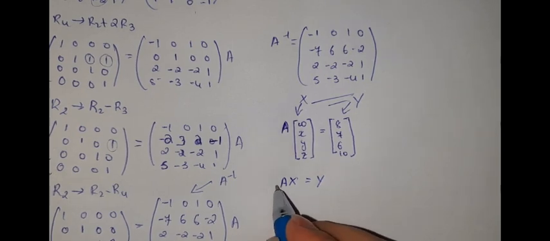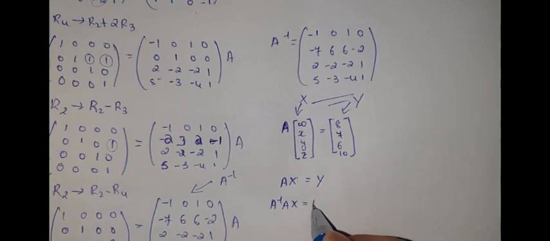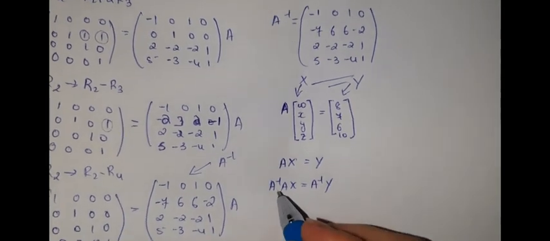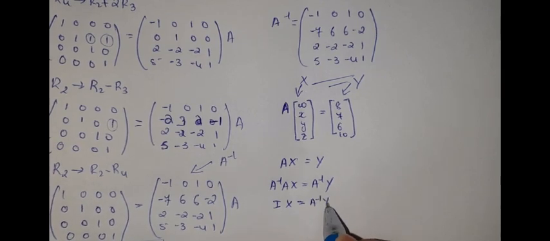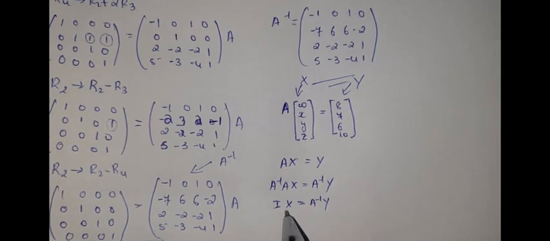So let's multiply both sides by A inverse. A inverse A will give me the identity matrix, right? And A inverse A into x will give me A inverse y. Any matrix multiplied with the identity matrix gives that matrix, x, which we already discussed. Now A inverse y.